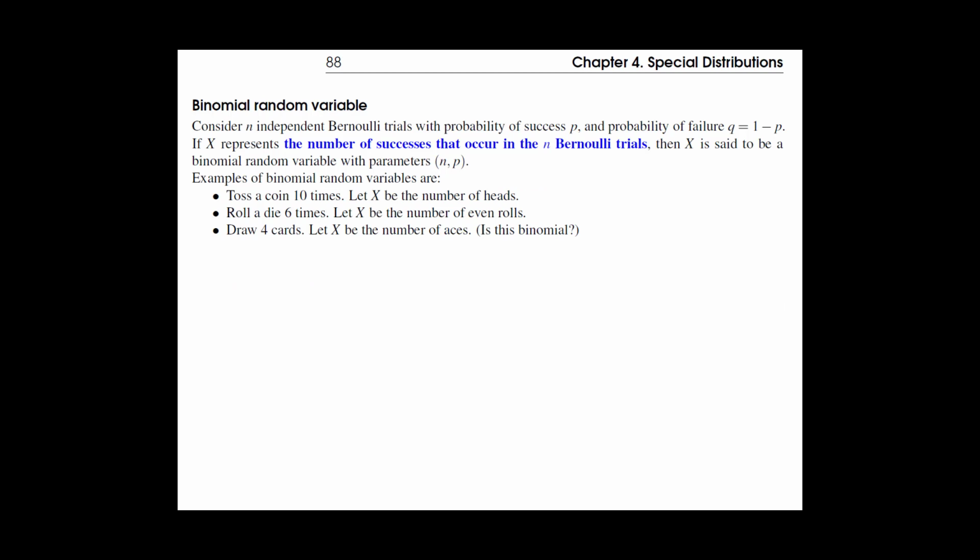All right, so the Bernoulli variable or the Bernoulli experiment is the basic experiment. And from it, we're going to derive all these new random variables. So the first one is the binomial, which simply is perform the Bernoulli experiment n times and count the number of successes.